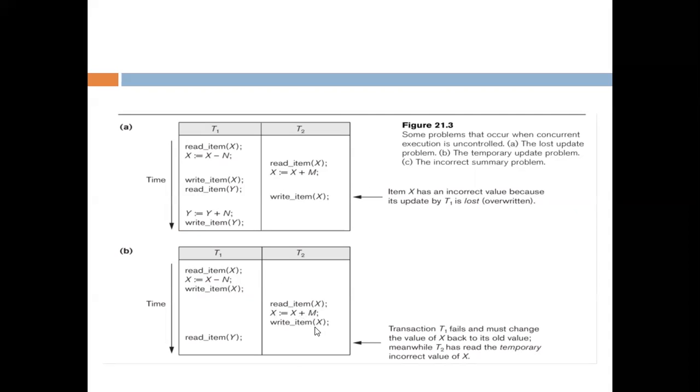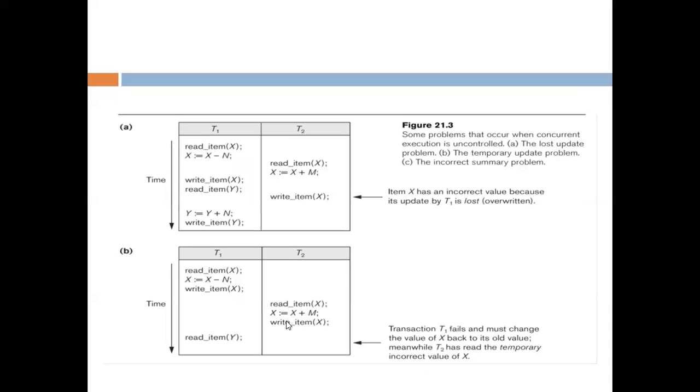So there is no scope for transaction T1 to roll it back, because another transaction has already updated the value. So this is another problem that occurs in a transaction while we provide concurrency.